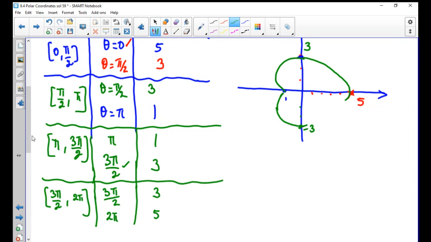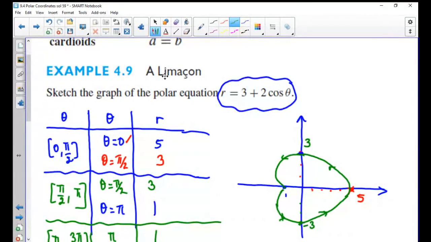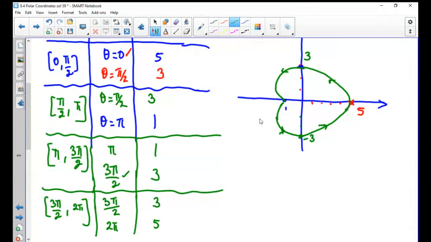And the shape is a bit like a heart on its side. So that is basically the way you could graph this equation, 3 plus 2 cosine theta. This is called the limaçon. It's a French word for this shape.